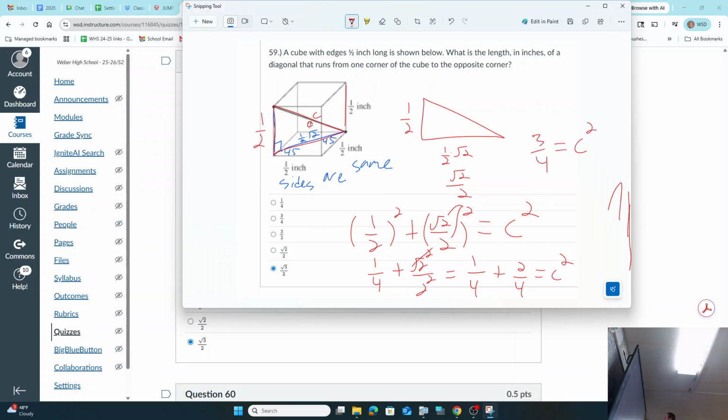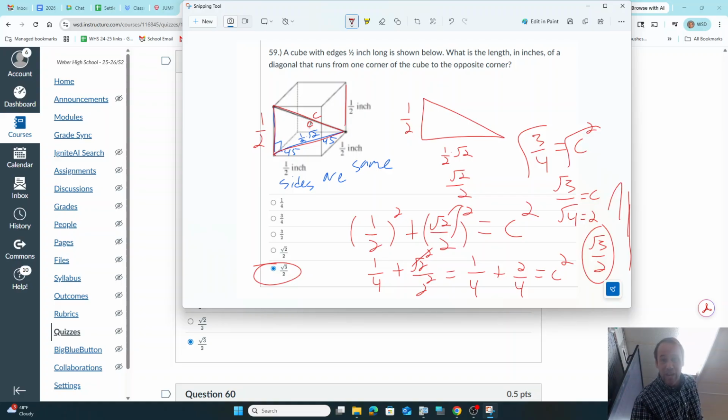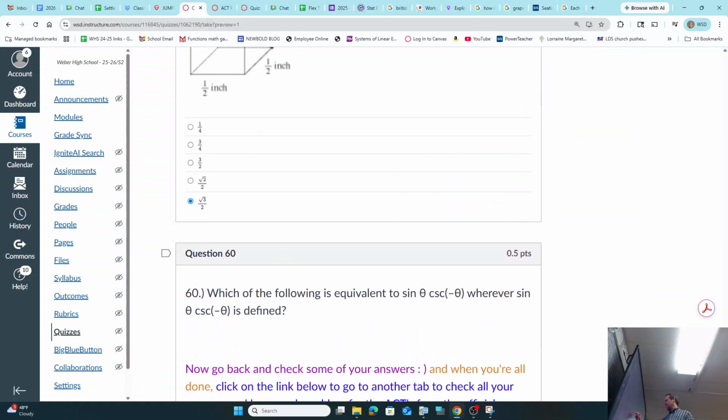And then we have to square root both sides. So that's going to be the square root of 3 over the square root of 4. And the square root of 4 is 2. So it's radical 3 over 2 is our answer. Woo! That's how we did that one. That's crazy sauce. Could you do that again on this next ACT? Let's see if you can do that again.